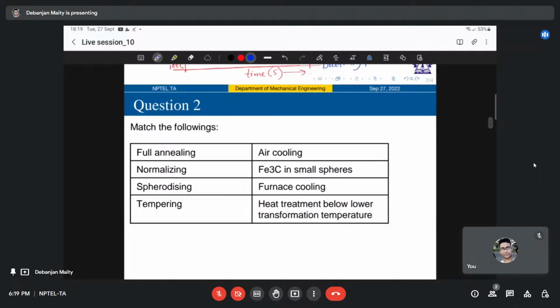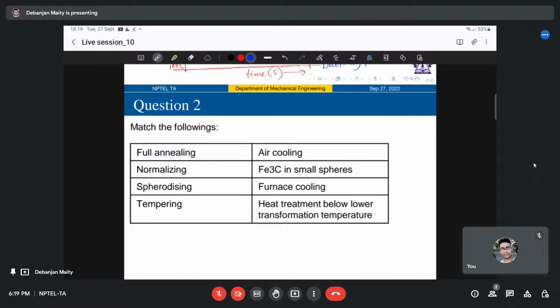So let's move to the next question. In question two, we need to match the following, where there are different kinds of heat treatment processes like full annealing, normalizing, spheroidizing, tempering, and we need to match them with different characteristics of these processes. Now, the annealing process basically has three steps.